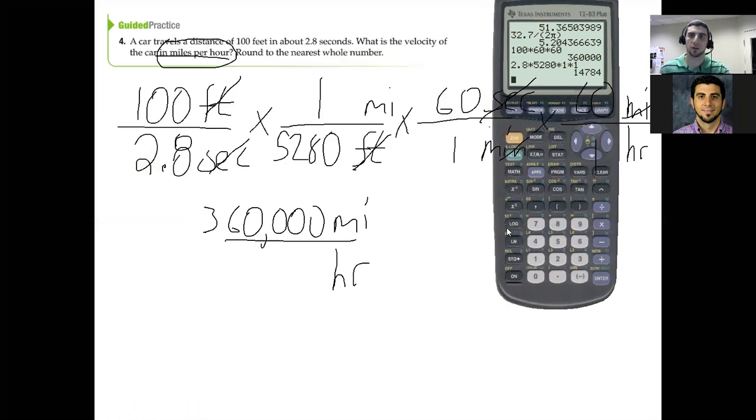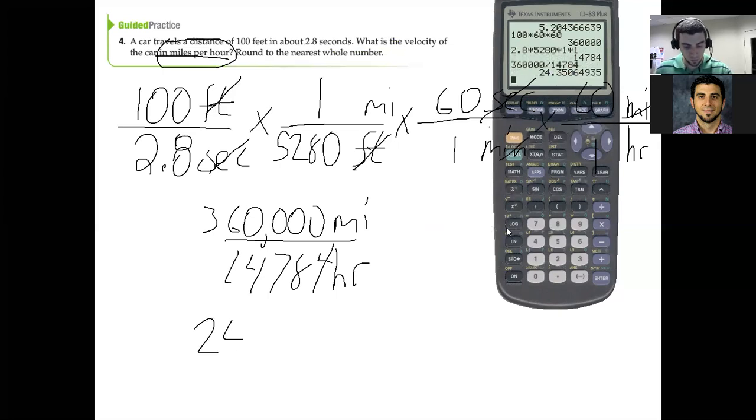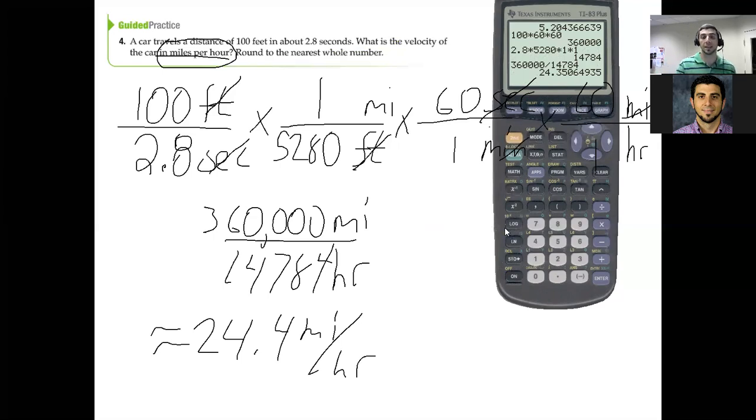Obviously, ones are not going to change it, but just put it in there to be consistent. So 14,784. Now, if I divide those, 360,000 divided by 14,784, you get 24, let's round it, 24.4 miles per hour. So if I go 100 feet in 2.8 seconds, I'm actually going at 24.4 miles per hour.